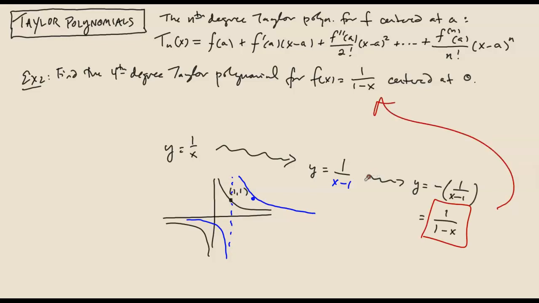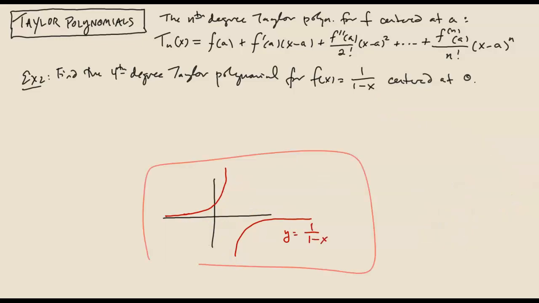Okay, so this algebraic transformation, multiplying the right-hand side of a function by -1, what does that do to its graph? That's a reflection. You're flipping everything over the horizontal axis. So the blue gets flipped into the red, and now I have the graph of the function that I wanted. So here it is. That's the graph of the function whose Taylor polynomials we're trying to find. So we are looking for some function that will hug it very closely in that neighborhood of 0.